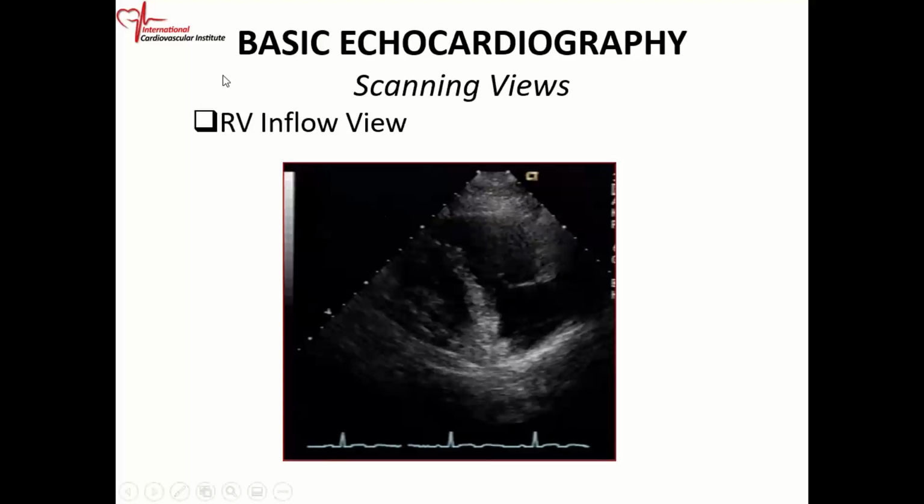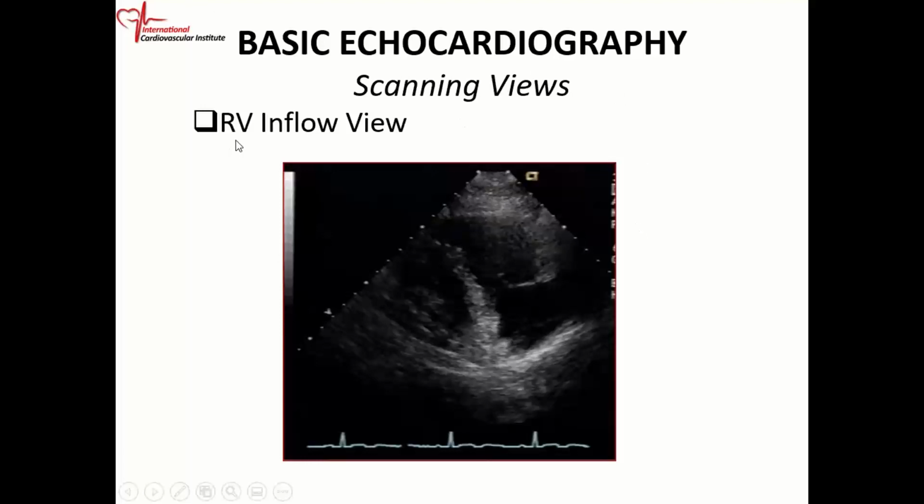To get your RV inflow view, your transducer is still in that position and you just rock it towards the patient's left axilla or the left shoulder. These are very fine, minuscule movements. You just move it a little bit towards the patient's left shoulder, and you get a view looking like this.